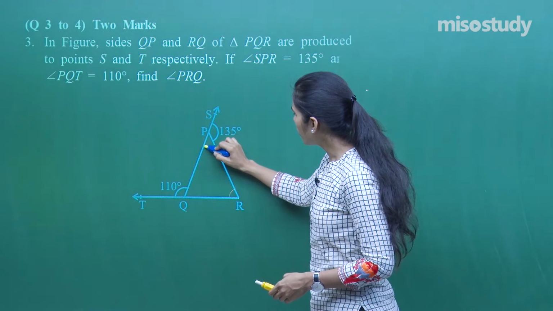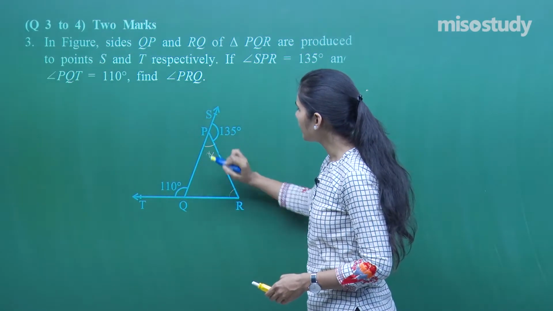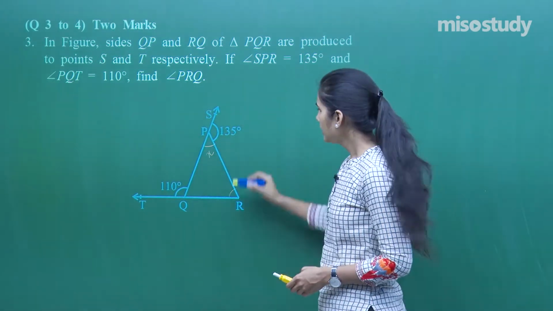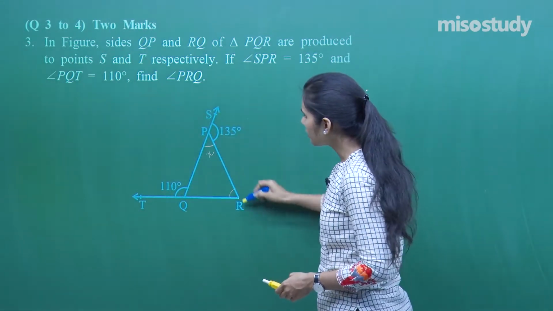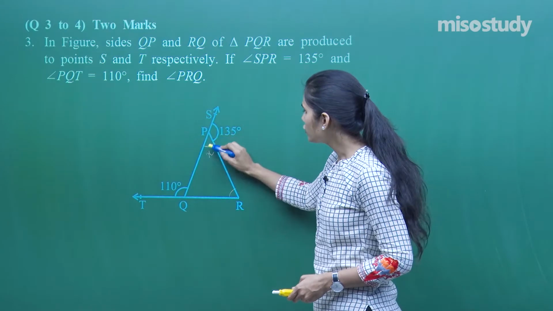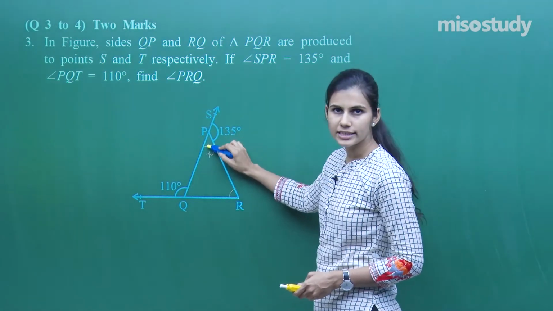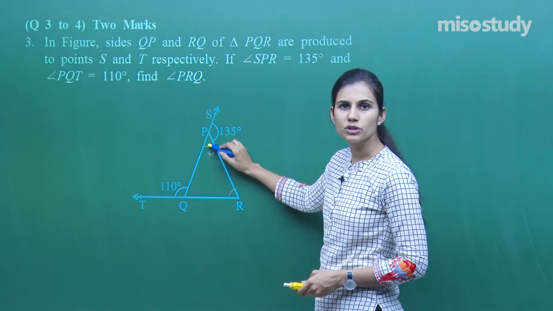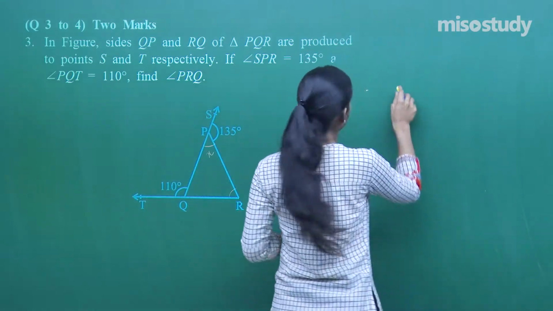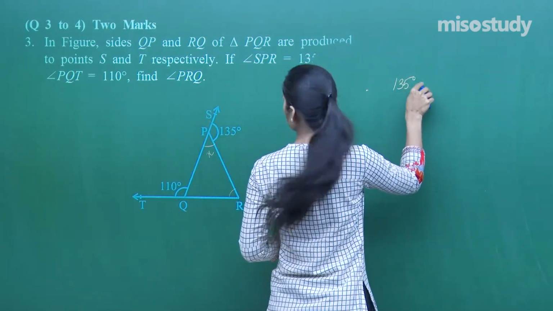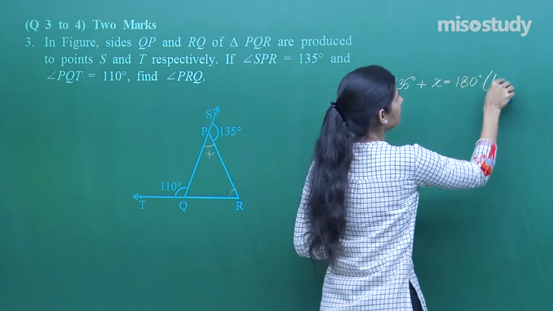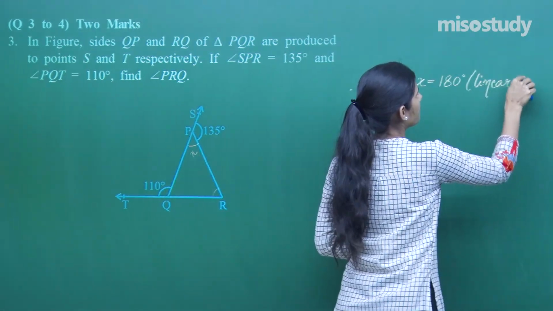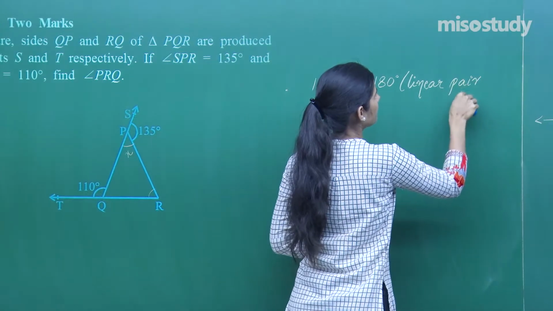Carefully observe what is the sum of 135 and X. Clearly, this is a straight line QS and PR is a ray standing on it. So it is producing these two adjacent angles, which by linear pair axiom are going to add up to give you 180. So you will have 135 plus X is 180 by linear pair axiom.